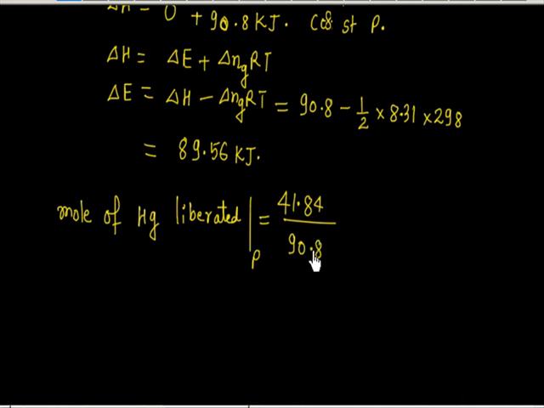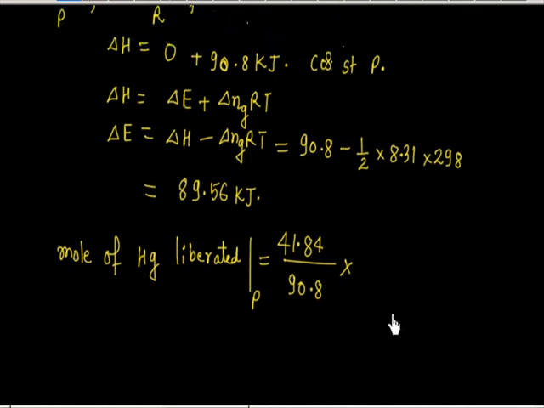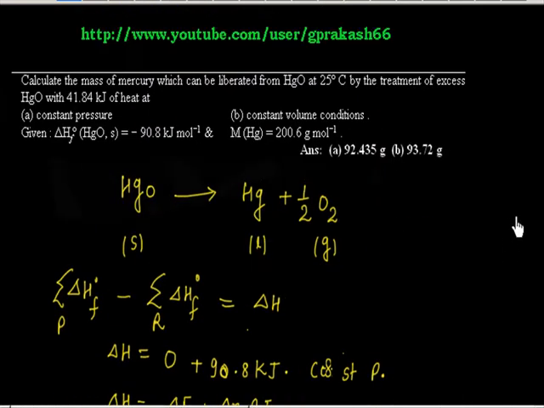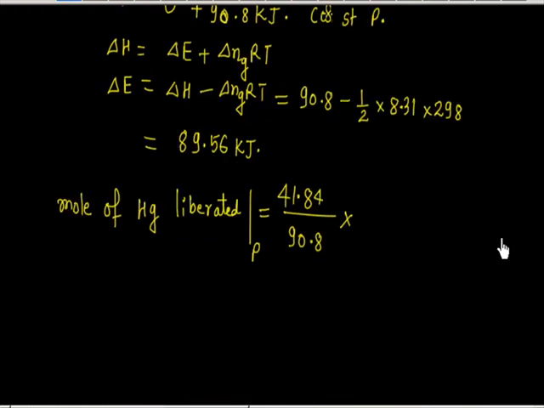Now if I want to find the mass, I have to multiply this by the molecular mass. Molecular mass is 200.6 gram per mole. So now I will get it in gram. So we have multiplied by molecular weight.